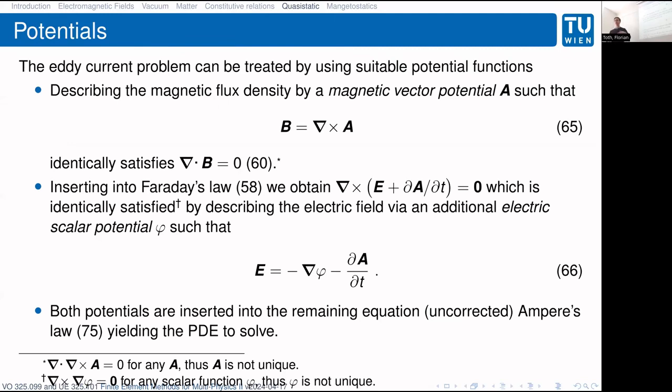And then you can use these two definitions, insert them in the rest of the equations, and you obtain the PDEs that you need to solve, and you need to solve them then for A and phi, which is fewer degrees of freedom.